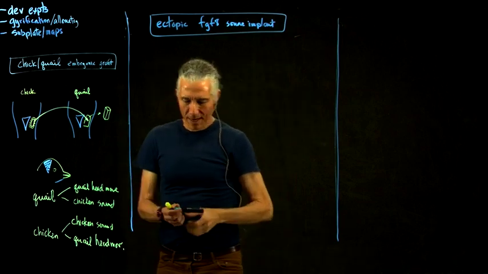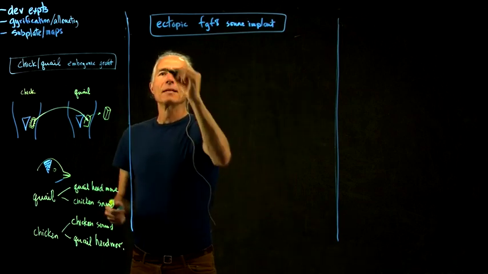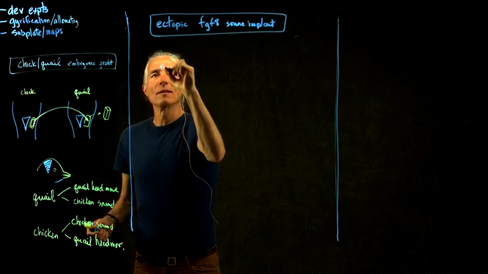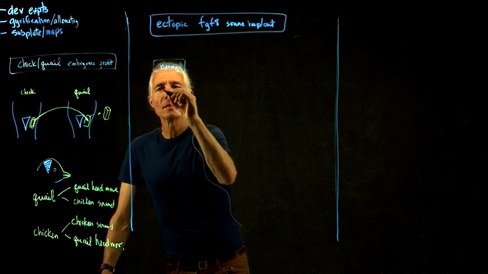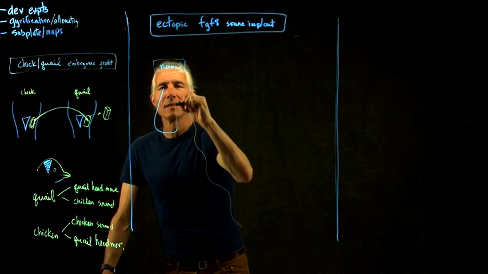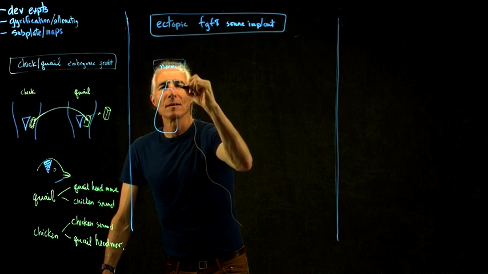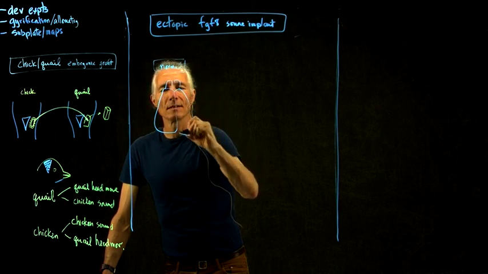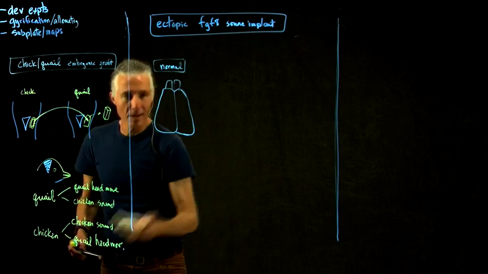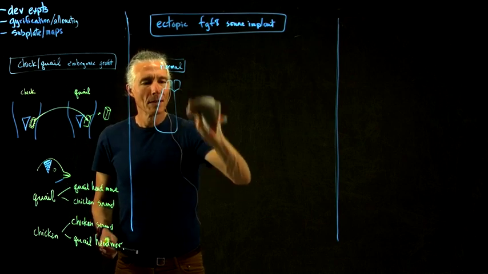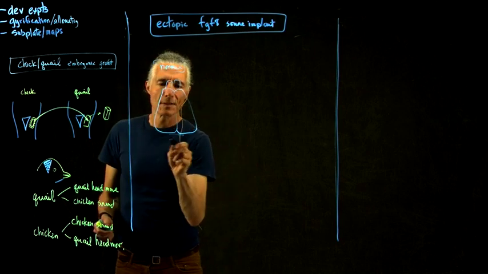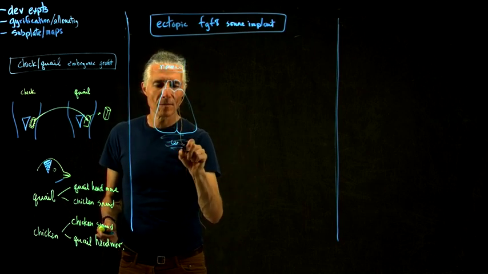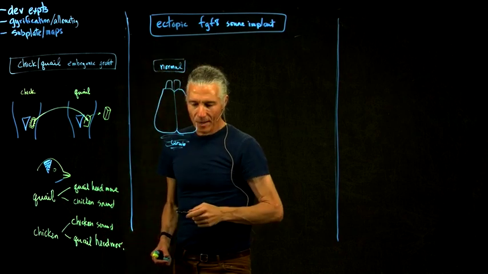So if you look at a normal mouse from the top, here's the cortex, there's the olfactory bulbs up there, and the cerebellum would be back here.